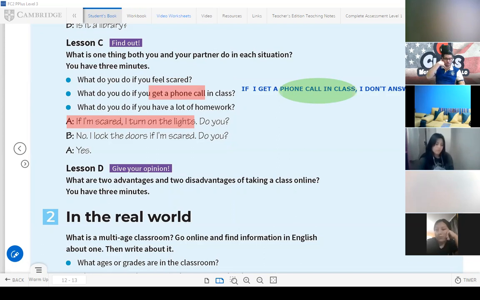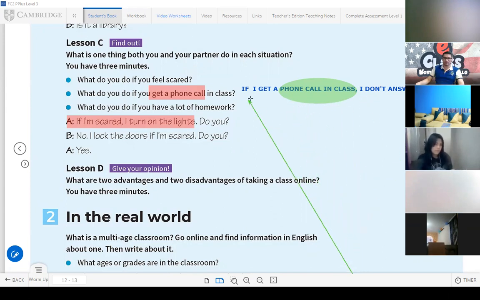You answer the phone, respondes el phone, or you don't answer the phone? Don't. Yeah, don't answer. Very good. Entonces, you have to say it in this way, Raicinio. If I get a phone call in class, I don't answer it. Pero si es que tú reaccionas de la misma manera, perfecto.